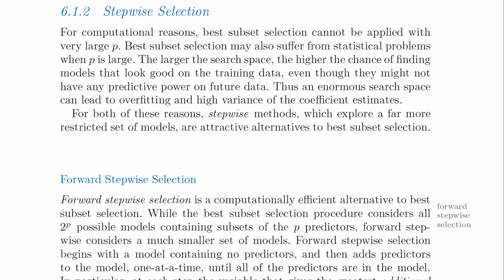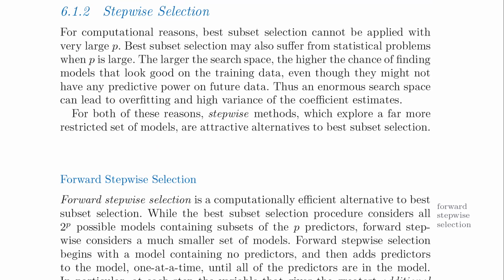For computational reasons, best subset selection cannot be applied with very large p. Best subset selection may also suffer from statistical problems when p is large. The larger the search space, the higher the chance of finding models that look good on the training data, even though they might not have any predictive power on future data. It would just be a coincidence.